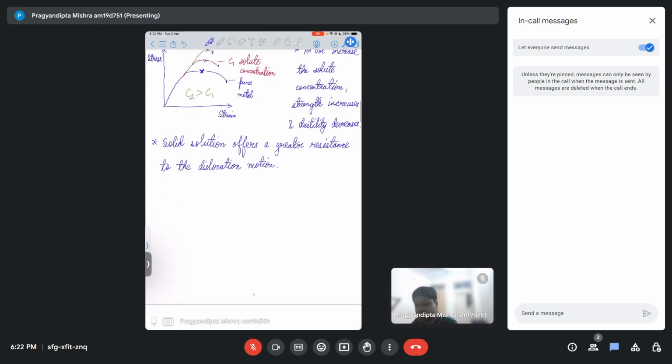So if we plot out how the strength and elongation vary with increase in solute concentration, it will look something like this. Let's say this is theoretical strength versus weight percent of B, where we have A, complete 100% A, and weight percent of B increases from left to right on the x-axis.